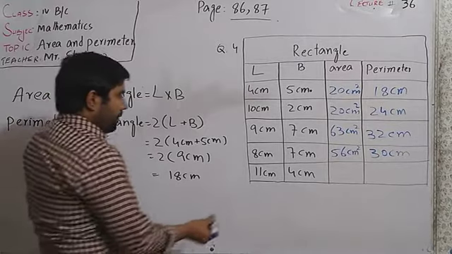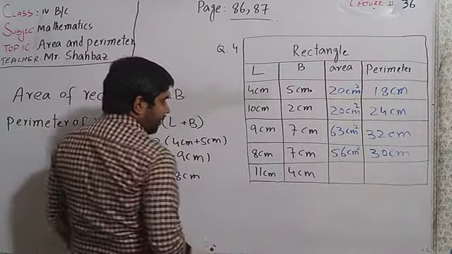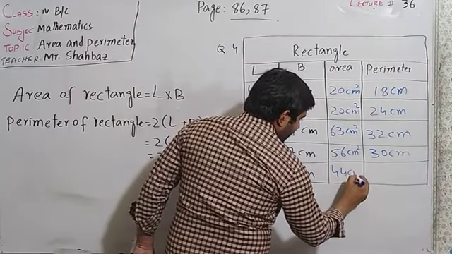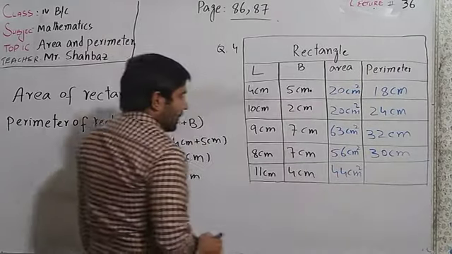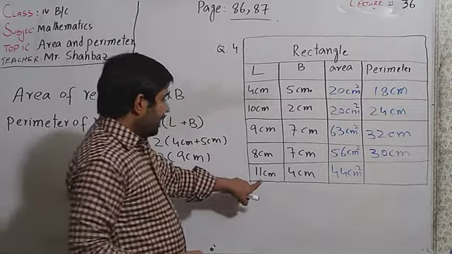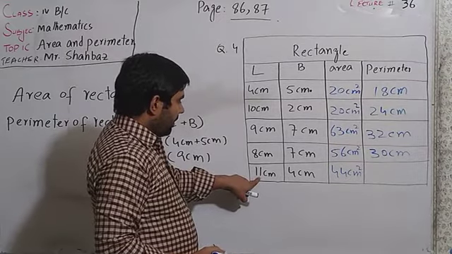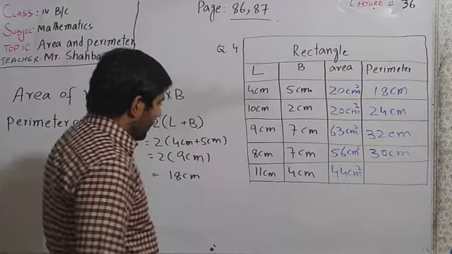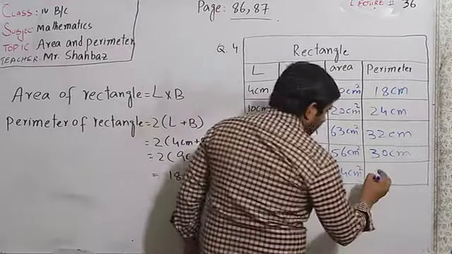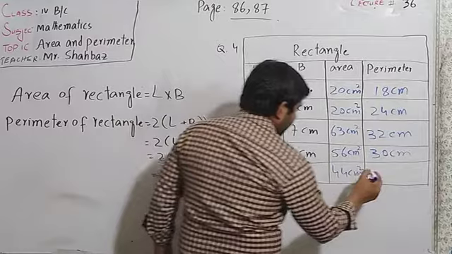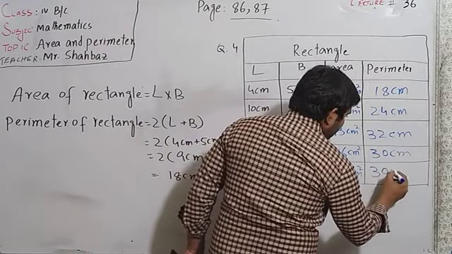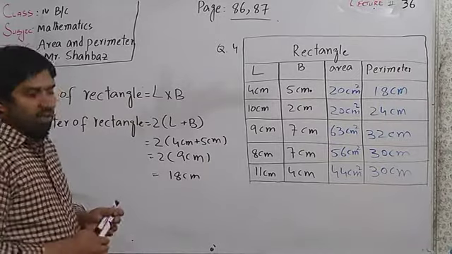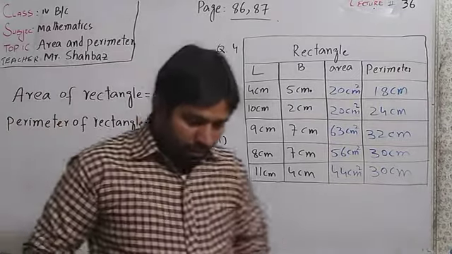Same, you have to find the area of this one. 11 multiplied by 4 will be 44 centimeter square. And now we have to find the perimeter. 11 plus 4 will be 15, and 15 multiplied by 2 will be 30. This is the answer of question number 4.